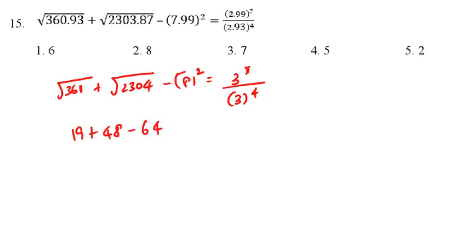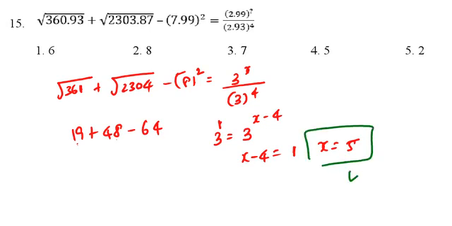What is 48 plus 19? 67. 67 minus 64, 3. So 3 is equal to 3 power x minus 4. So x minus 4 is equal to 1. X is equal to 5. So what is x value? X value we are going to get as 5. Option 4 is the correct answer. See the next question.